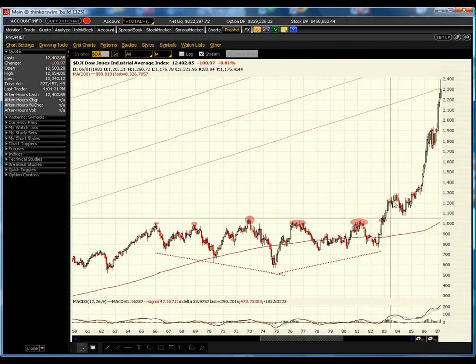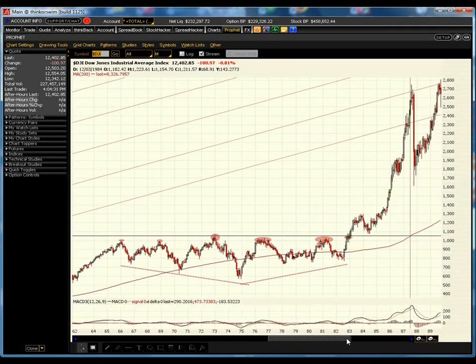It broke right through. It came back to test it again, and that's one of the principles that we're going to talk about. But it did break through this psychological level of 1,000. No longer was resistance; it became support, and from then on, boy, the market just absolutely took off.